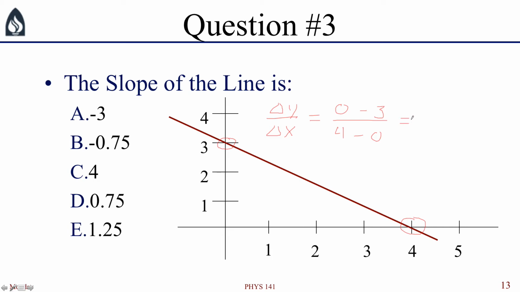So as I move from left to right, the line goes down in the y direction 3 units, and it goes across in the x direction 4 units. So my slope would be negative 3/4, which is the same thing as negative 0.75. So I would select B as being my answer to this question.